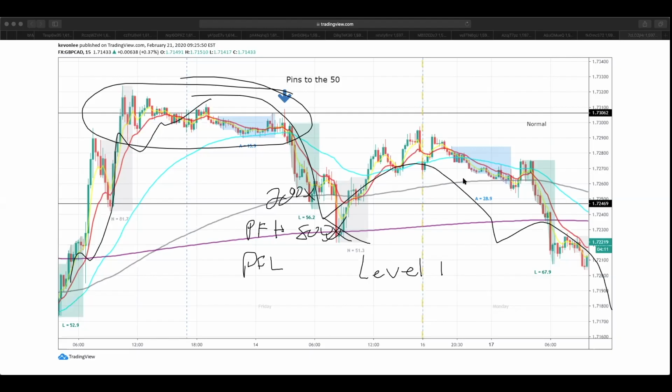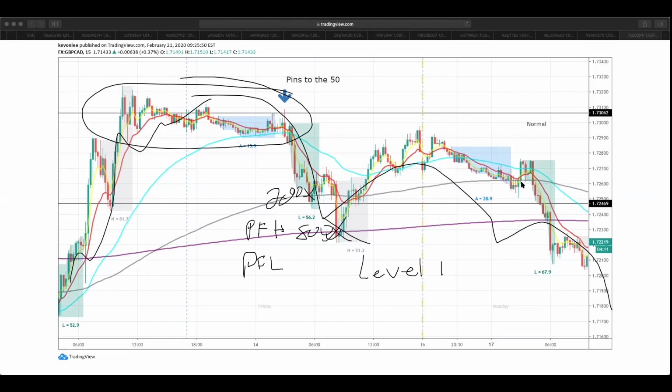Friday, pound USD was a good example. You had peak formation low on Thursday on a 15-minute chart. And then literally after that particular day, the Asian range for the next day was basically level 1.